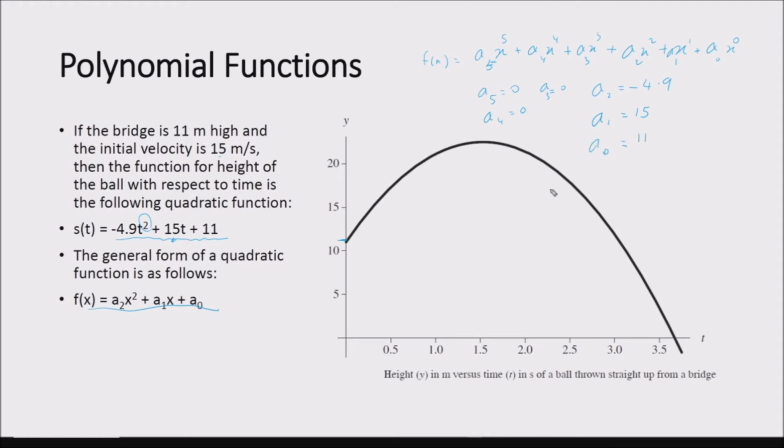So this is the general form, meaning you can write up to an, so the n can be any number.